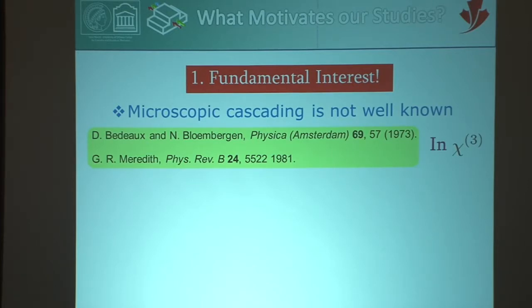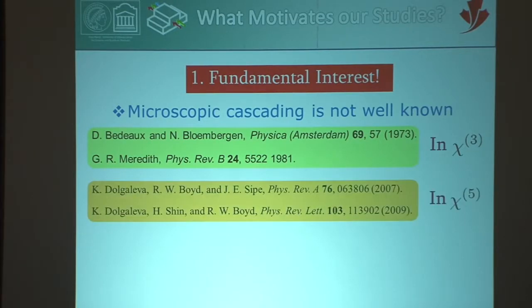But it is not well known, and many people in the community were speculating about higher order nonlinearities existing in the medium and accounting for the local field effects in a much more simplified fashion, ignoring this cascaded effect, which could be significant.